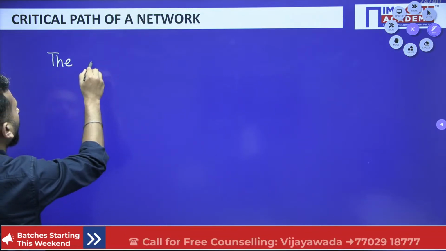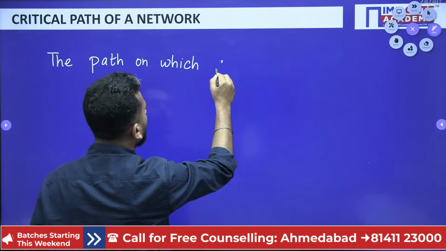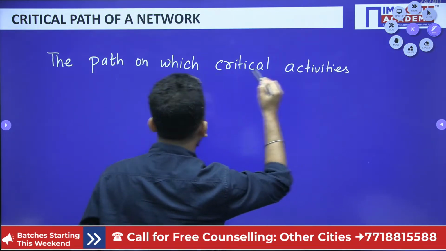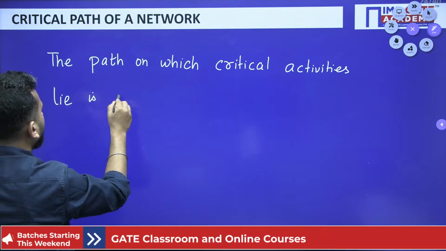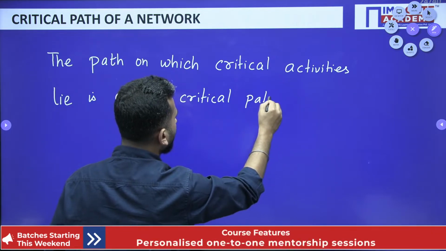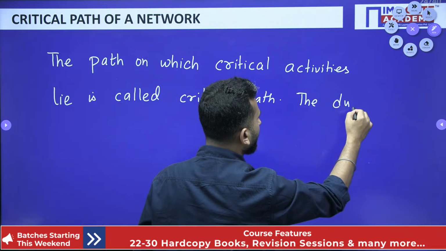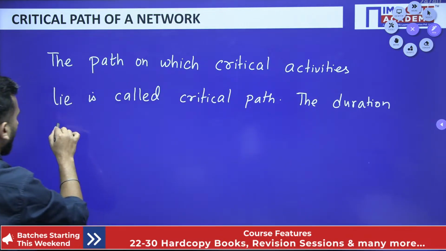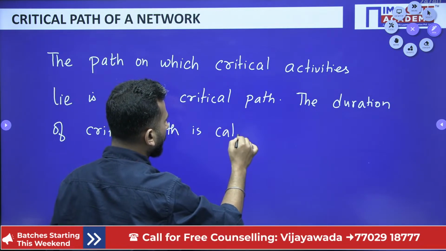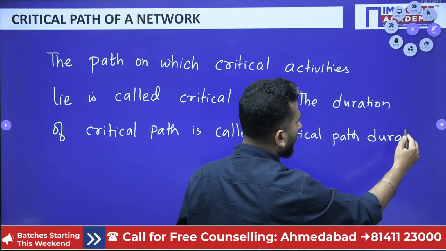The path on which critical activities lie is called the critical path, and the duration of the critical path is called the critical path duration.